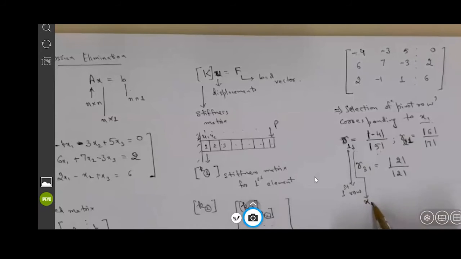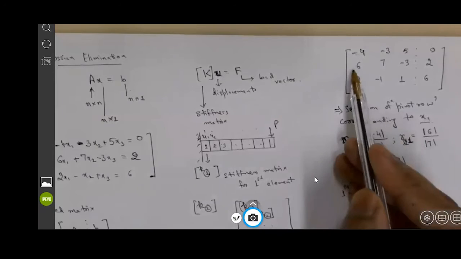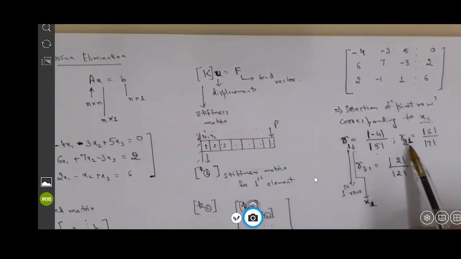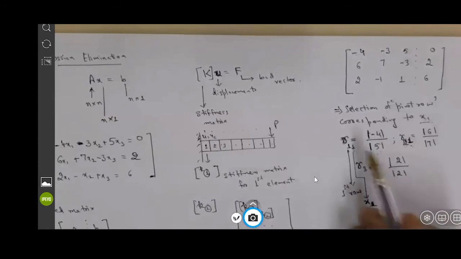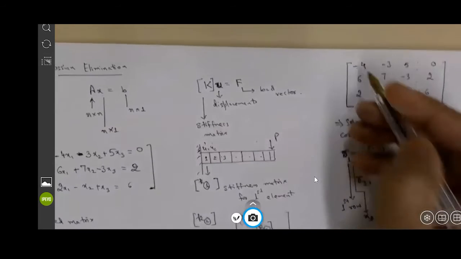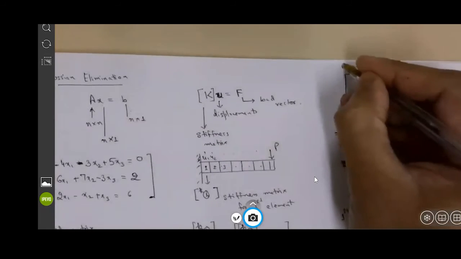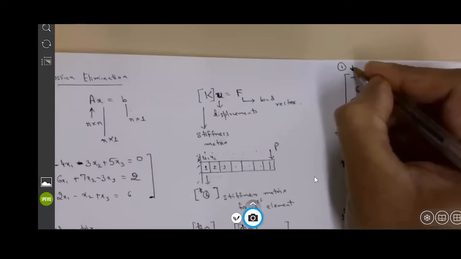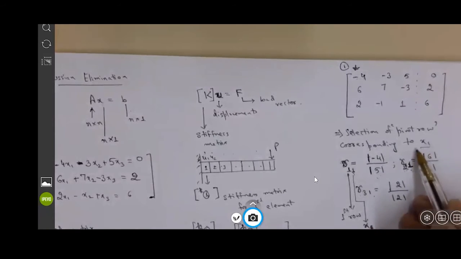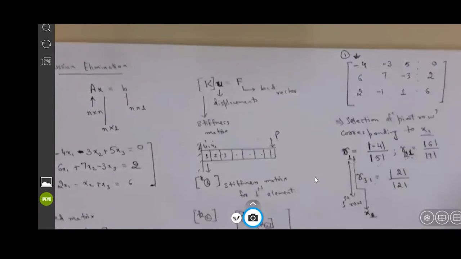So R21 is the second row, first column, and R31 is the third row, first column. You can say it's row and column. We are interested in column number 1 because we are interested in finding the pivot row corresponding to x1.